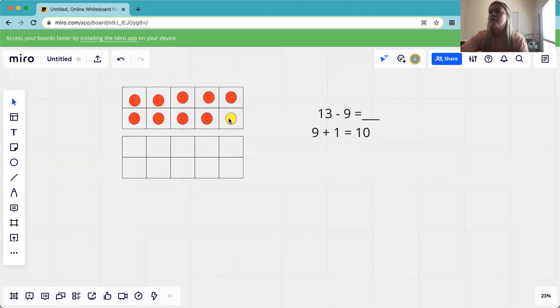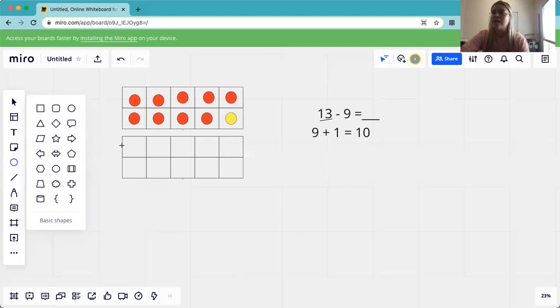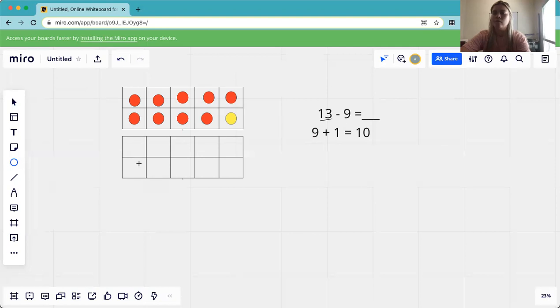So now I need to figure out how many more I need to get to my whole. Again, my whole is 13. So looking at this, I know I have 10, so I'm going to add some more of my yellow counters on.